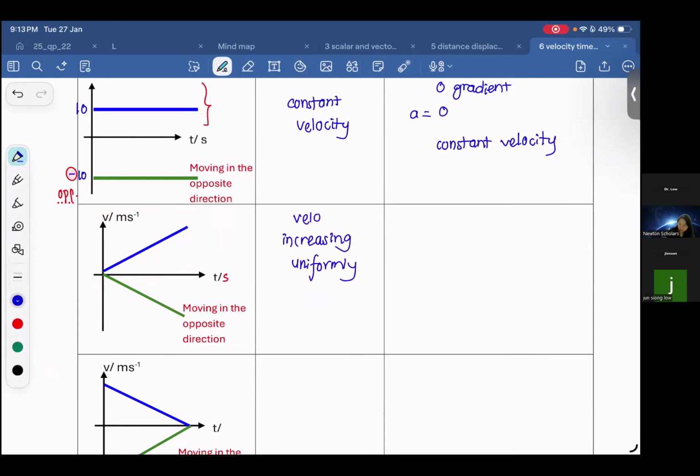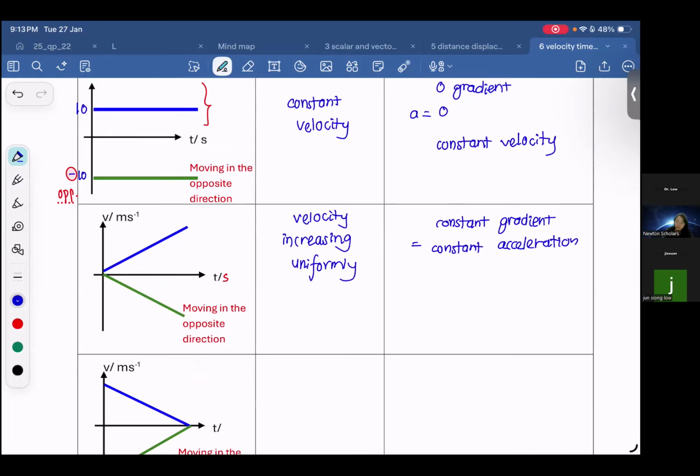Velocity is increasing uniformly, right? So here the gradient is constant. Am I right? Constant gradient here. Gradient means your acceleration, so constant gradient means constant acceleration.